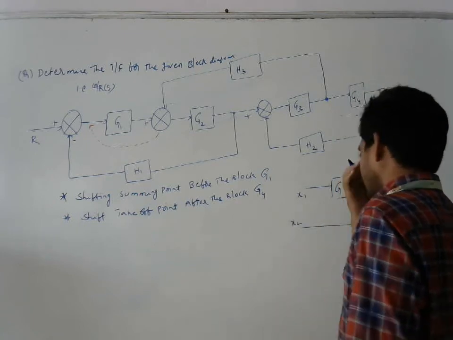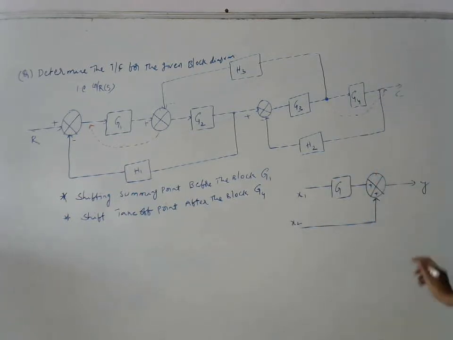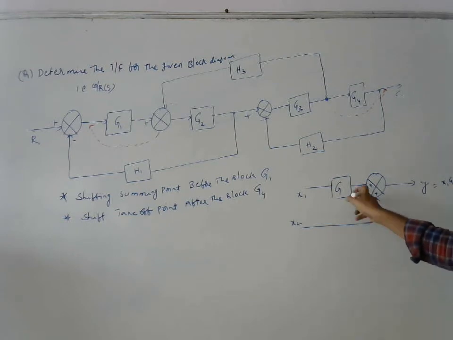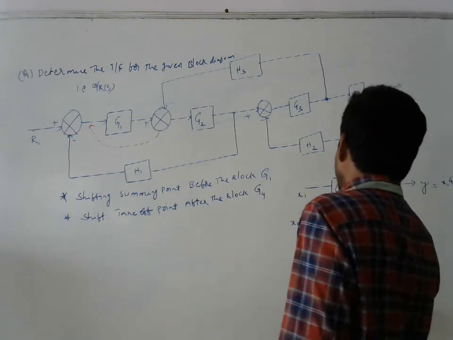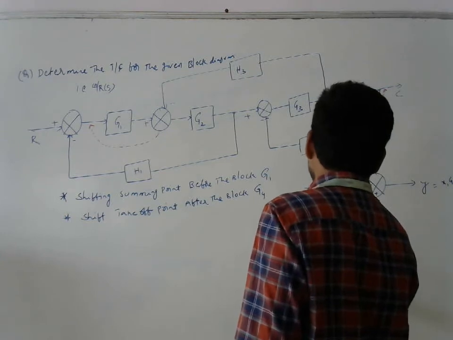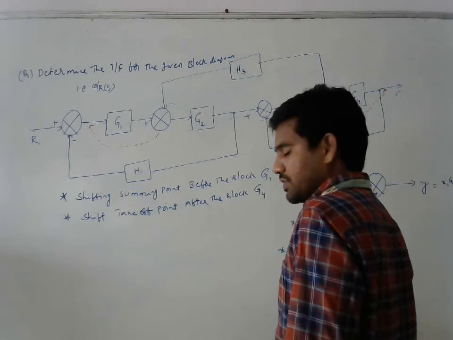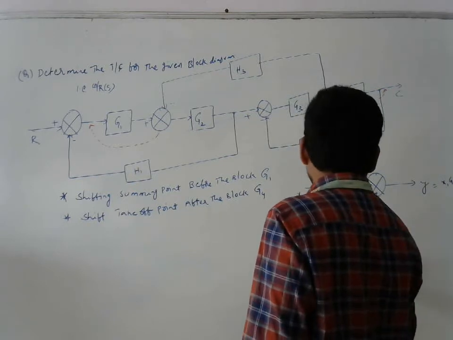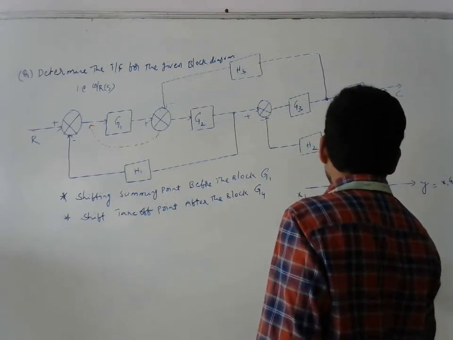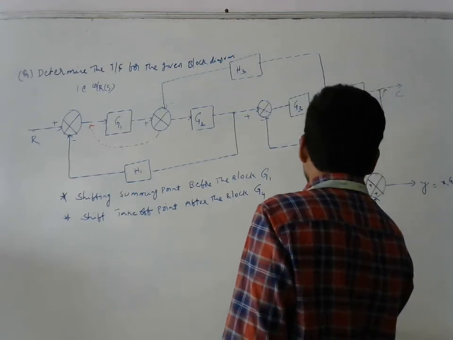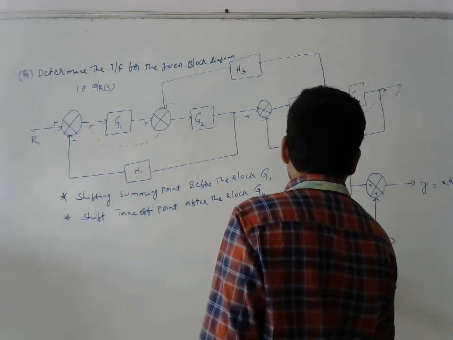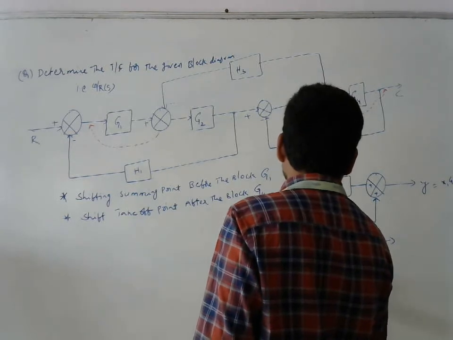What is the output now? X1 into G plus x2. Now I am shifting this summing point before the block. The same summing point is placed before the block, and x2 is added like this with a plus.